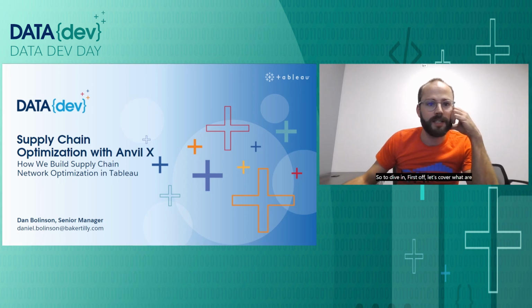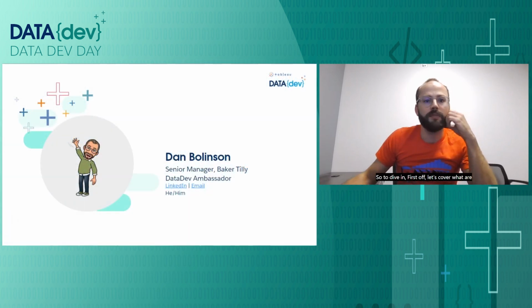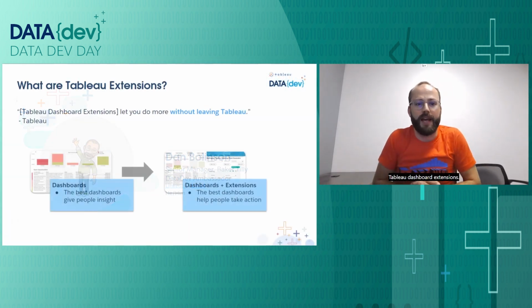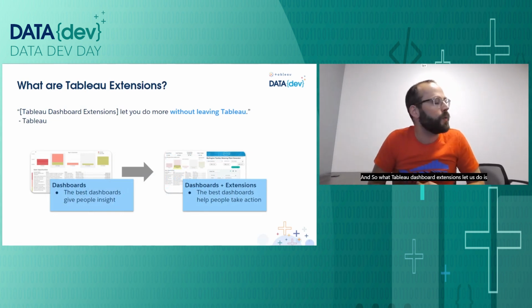So to dive in, first off, let's cover what are Tableau dashboard extensions. What Tableau dashboard extensions let us do is extend our dashboards into a whole host of new use cases by attaching new behavior to those dashboards. They are presented to us as an API, so it exposes a lot of what's going on in our dashboards through code that we can then do things with.